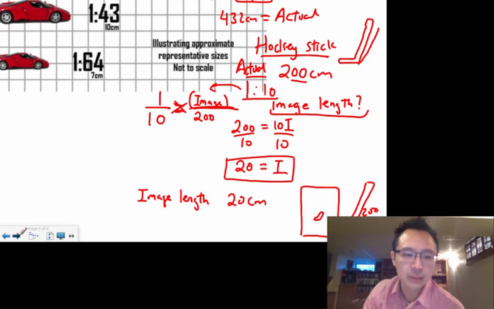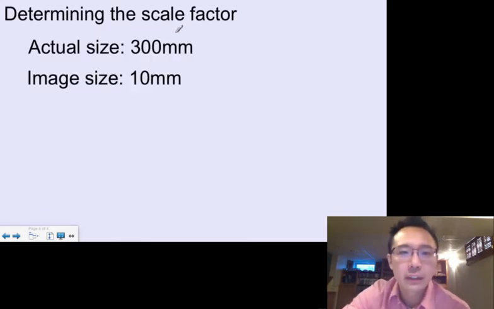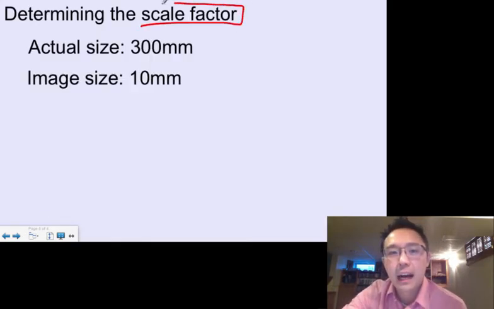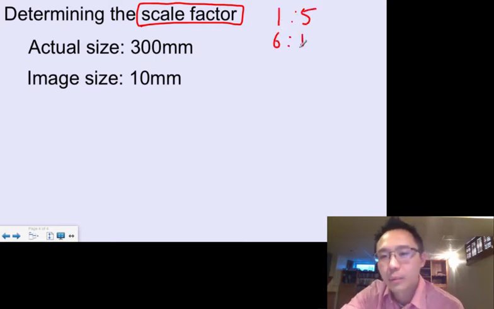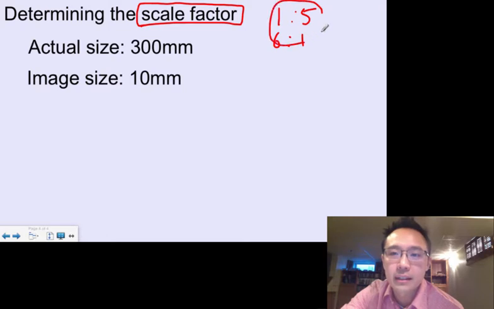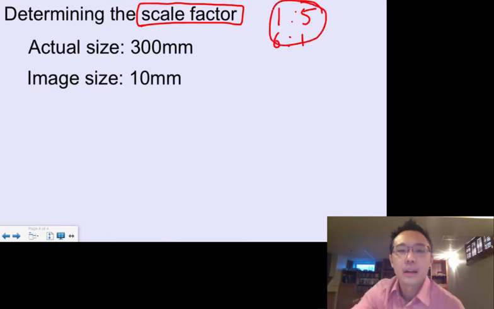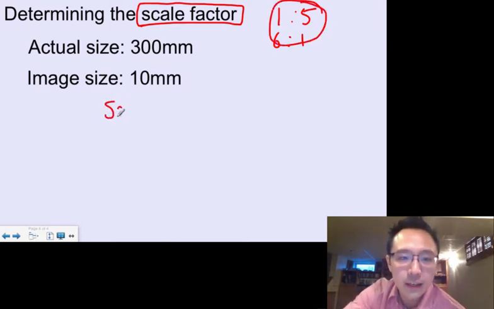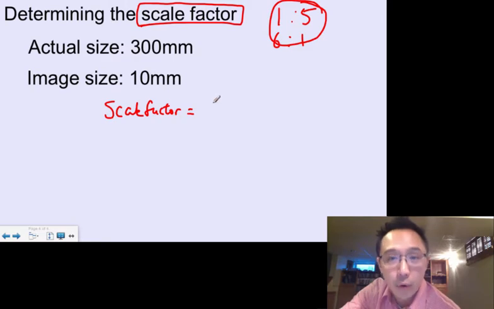So the last thing we have to do is looking at how to determine the scale factor. How do we determine the 1:5 or the 6:1 or whatever these numbers are? This is the scale factor we have to figure out. So remember, the formula is scale factor is equal to your image length divided by the actual size.